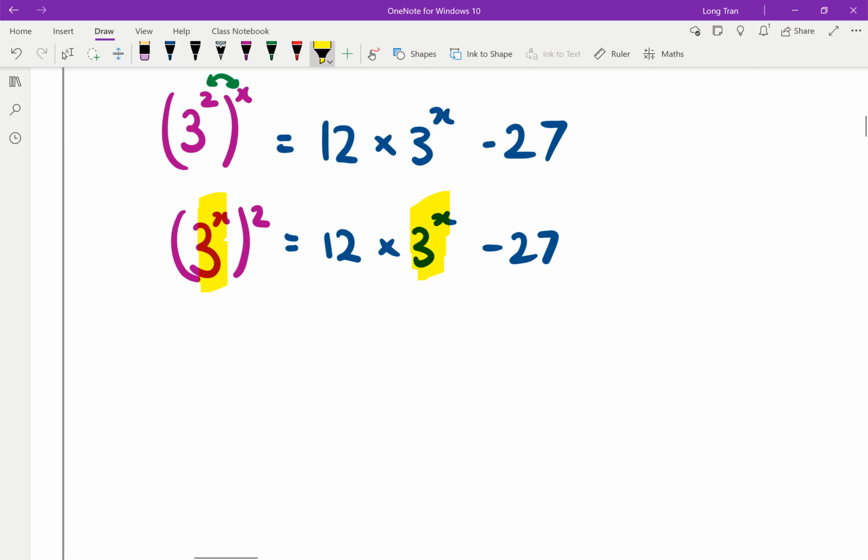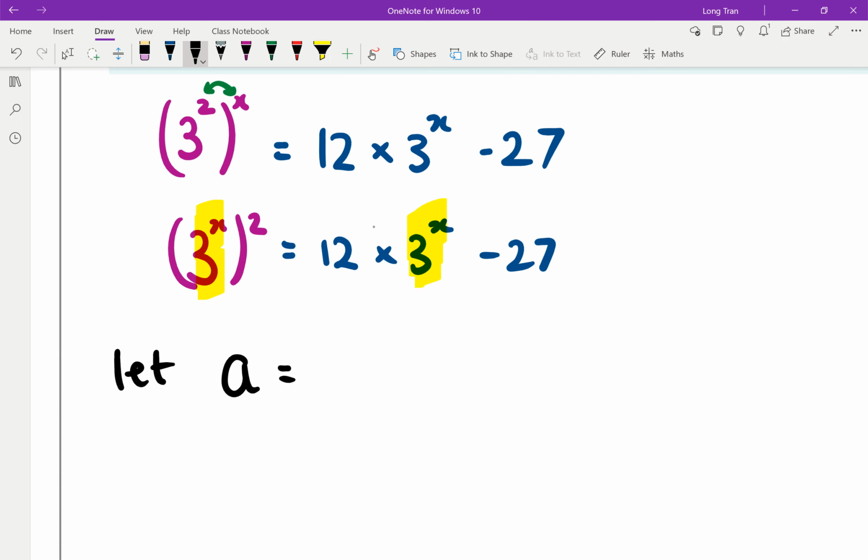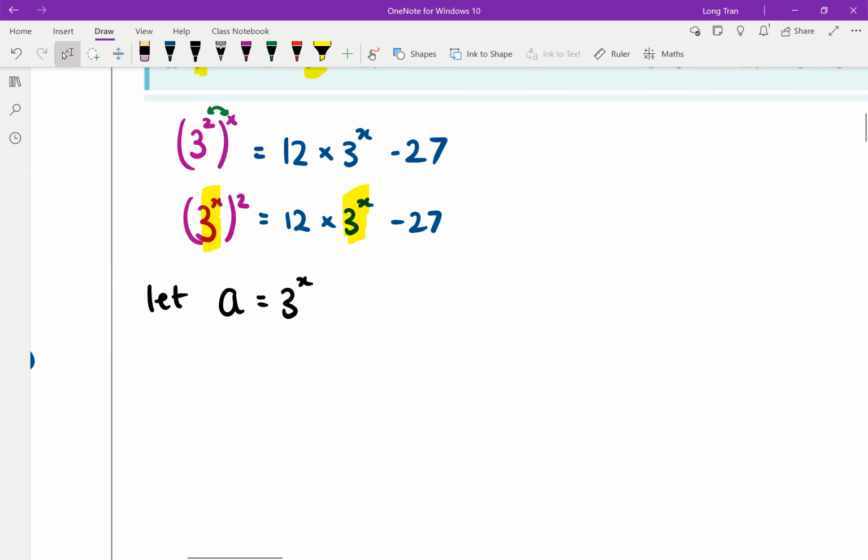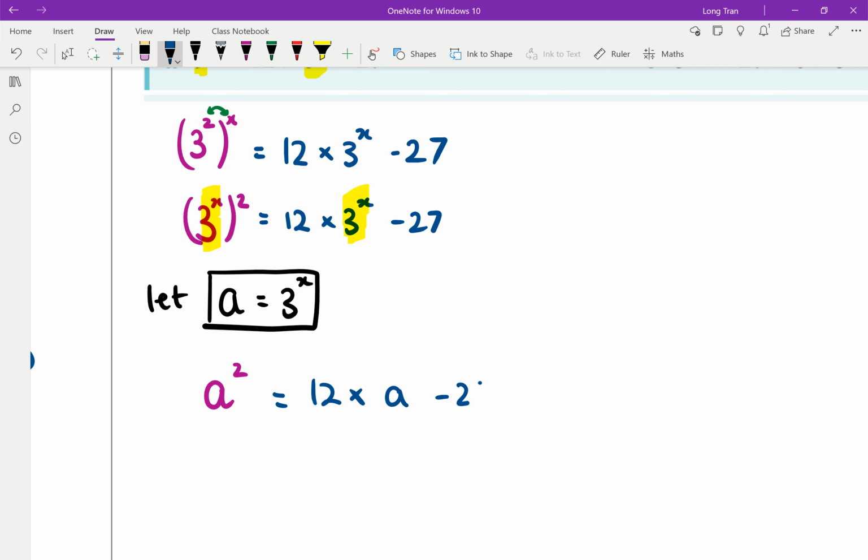So by writing it like that, I can now make a random variable. Say a equals 3 to the power of x. Suddenly, if you substitute 3 to the power of x with the letter a, this now becomes a all squared, equal to 12 times a minus 27.